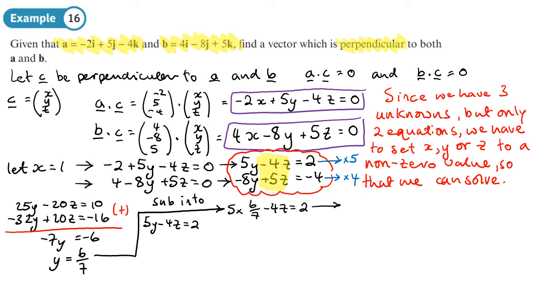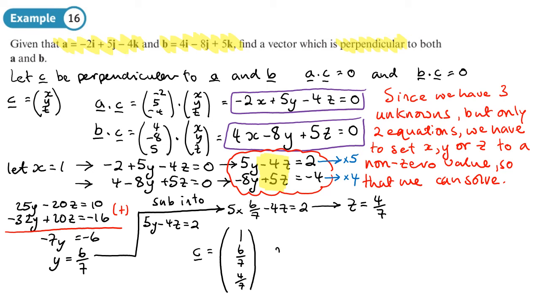So from that, if we solve it, we'll get z equals 4 over 7. Now, since we set x equal to 1, it gives us this vector 1, 6 over 7, 4 over 7. So we could write that as our answer.